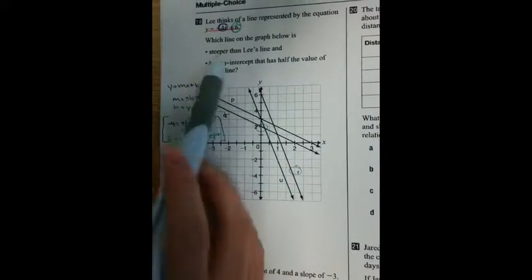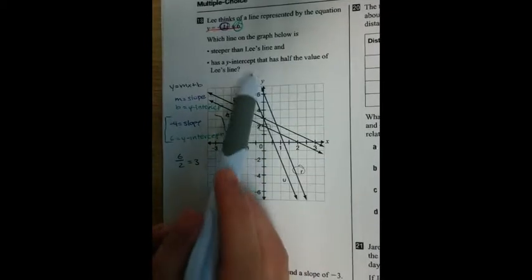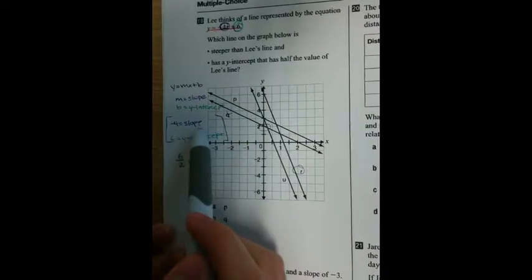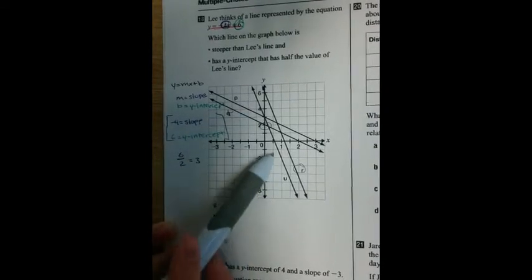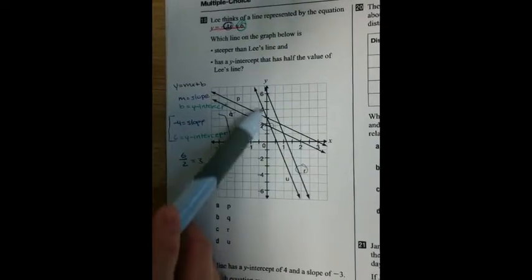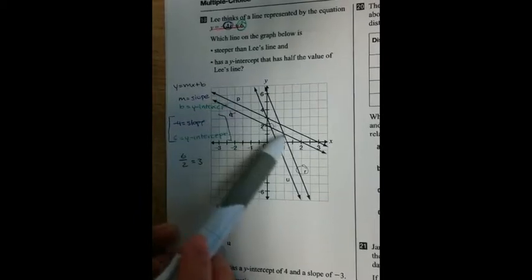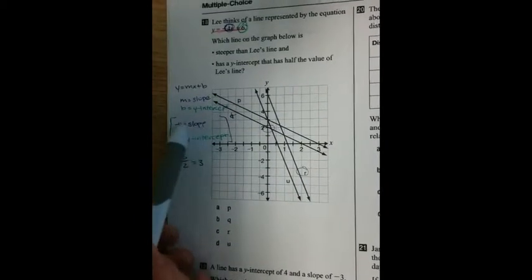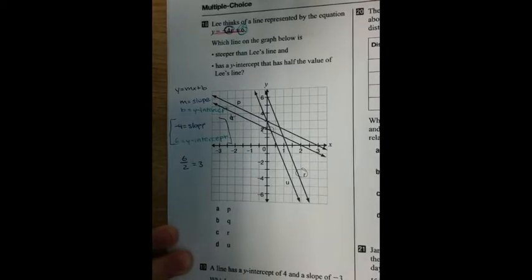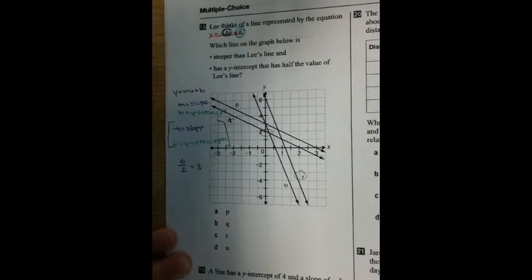Okay, now the next question is steeper than Lee's line. To measure steepness, we have the slope, right, which we already have. So we're going to take line P and line U, and we're going to calculate the slope for each one to figure out which one is steeper, meaning the number has to be greater than Lee's. Okay, so let's map this out.